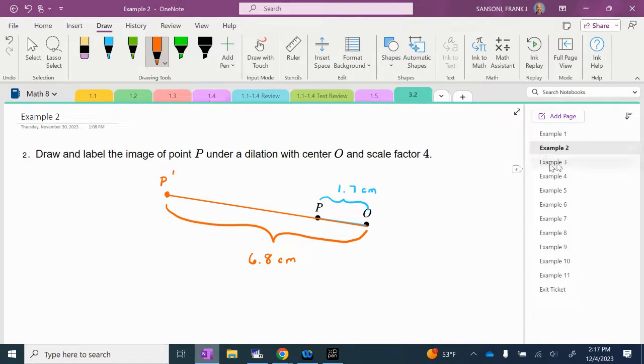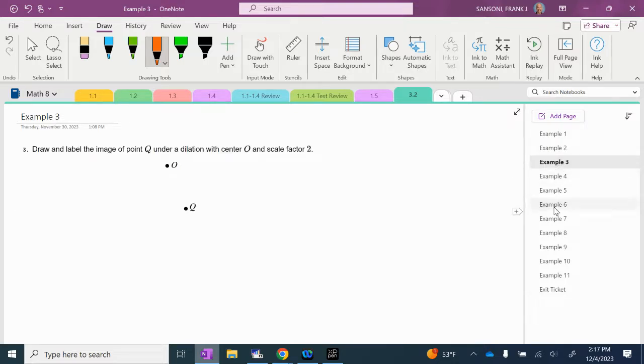So then we move to number 3. It says, draw and label the image of point Q under a dilation with center O. It's always going to be center O and a scale factor of 2. So what is it from O to Q?